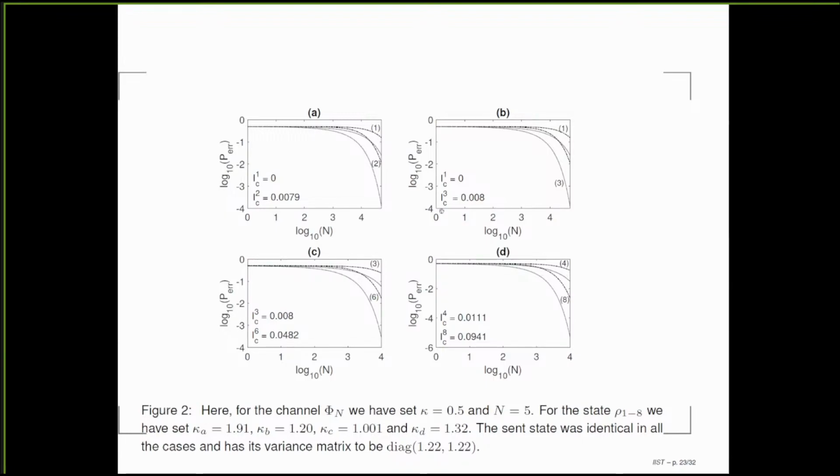Okay, so this example at least suggests, for some particular noise, for some particular thermal parameter of the input state, and for channel thermal parameter and channel noise, that increasing correlation means improved distinguishability of the sent and whatever return states.